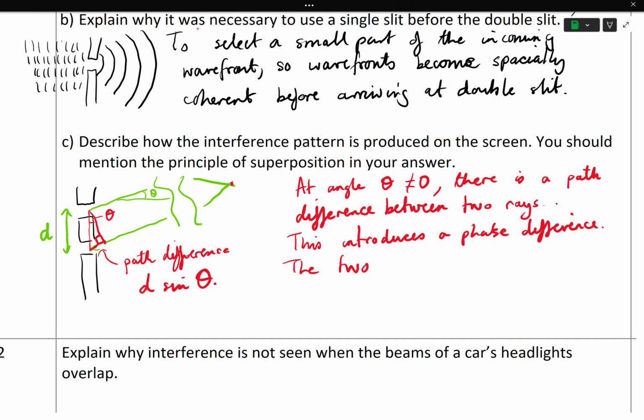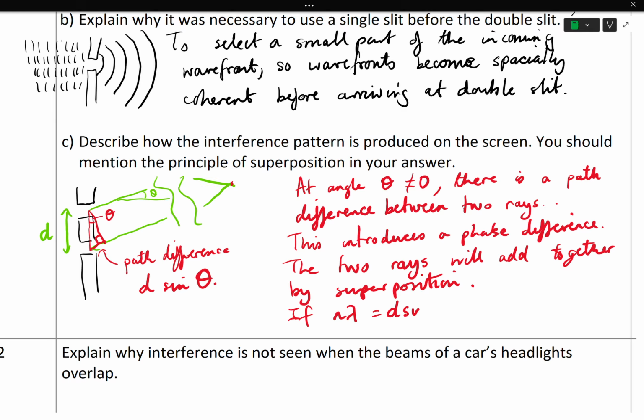The two rays will add together by superposition if n lambda is equal to d sine theta. In other words, if we have a whole number of wavelengths equal to the path difference, we get constructive interference and what we call a maxima.